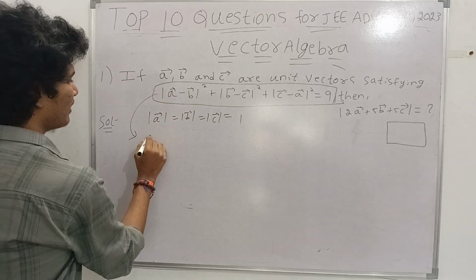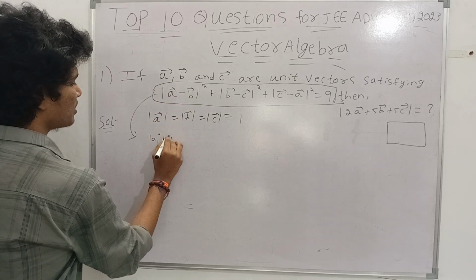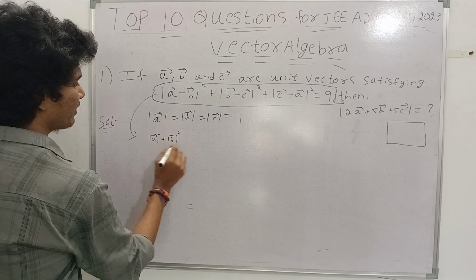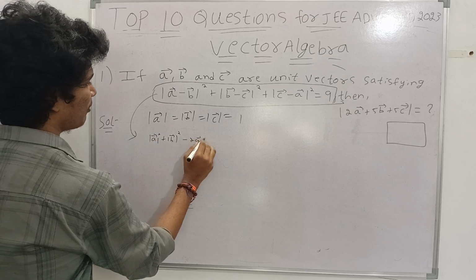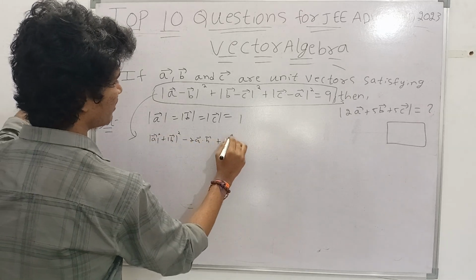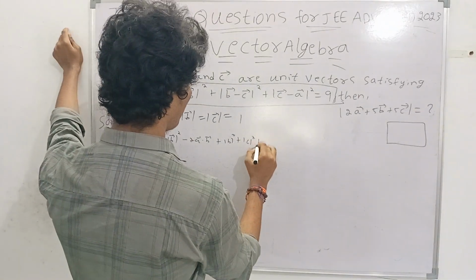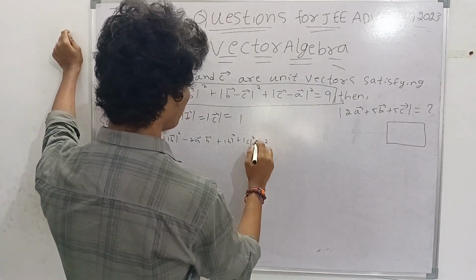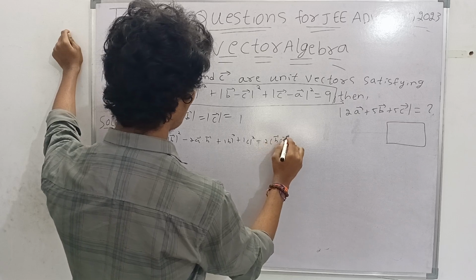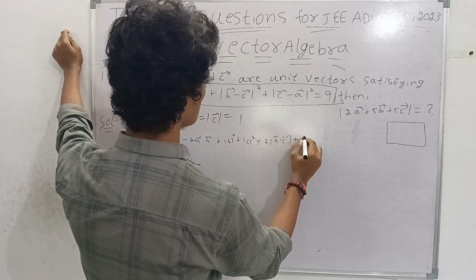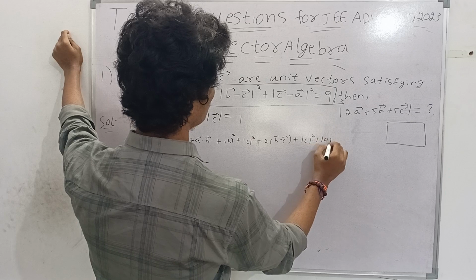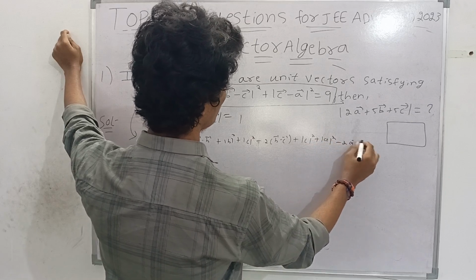I am opening this square term. I will get magnitude of A square plus magnitude of B square minus 2 A bar dot B bar, plus magnitude of B square plus magnitude of C square minus 2 B bar dot C bar, plus magnitude of C square plus magnitude of A square minus 2 A dot C, equal to 9.